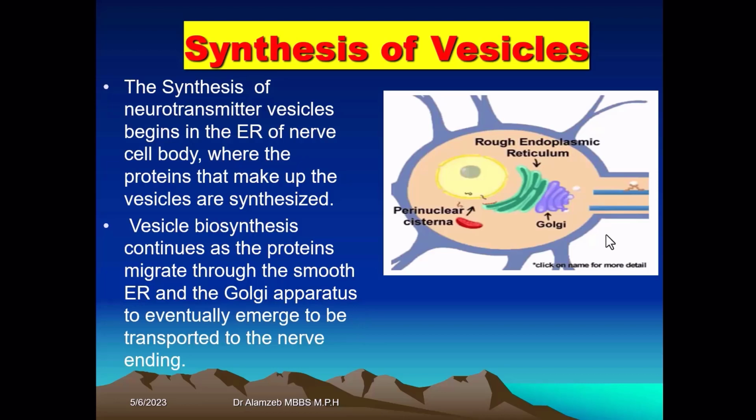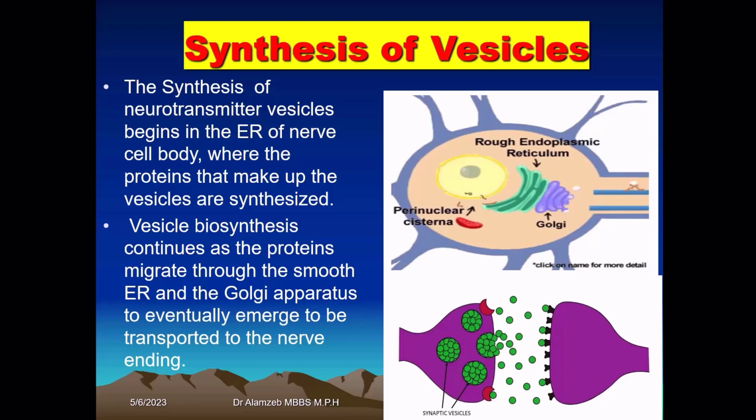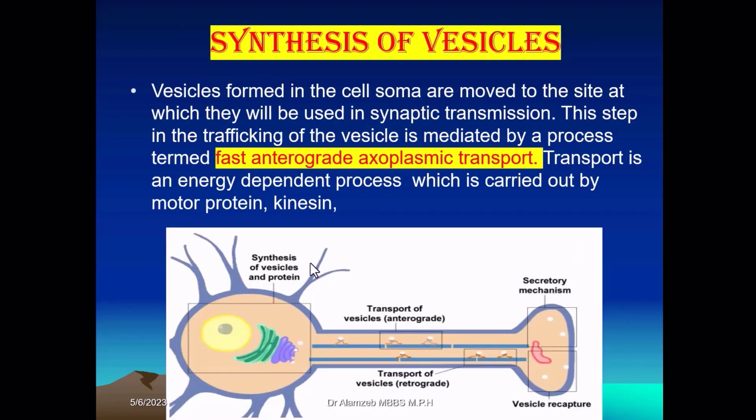At the beginning, when these vesicles arrive at the nerve ending, they are empty. They are empty and, by a mechanism which we will discuss in the next slide, are then loaded with acetylcholine. They are synthesized here and then they reach the nerve ending. This transportation is called fast anterograde axoplasmic transport.